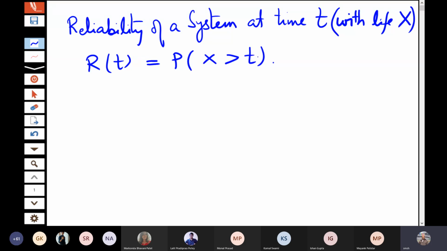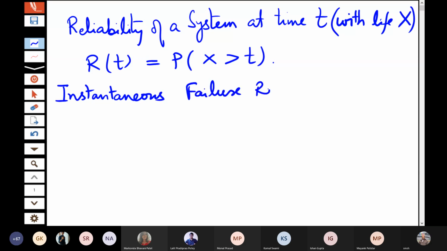Apart from that, we will analyze these quantities. Let us also look at another term. It is called the instantaneous failure rate of a system at time t.